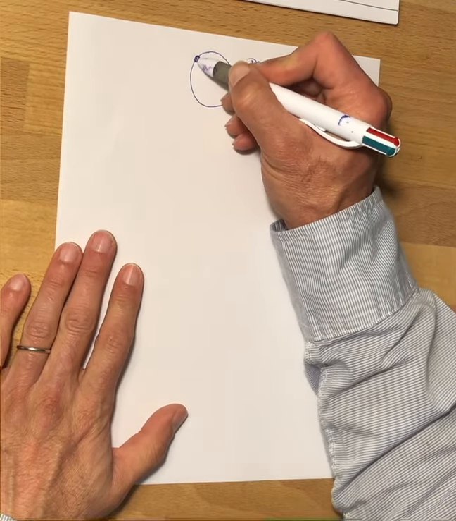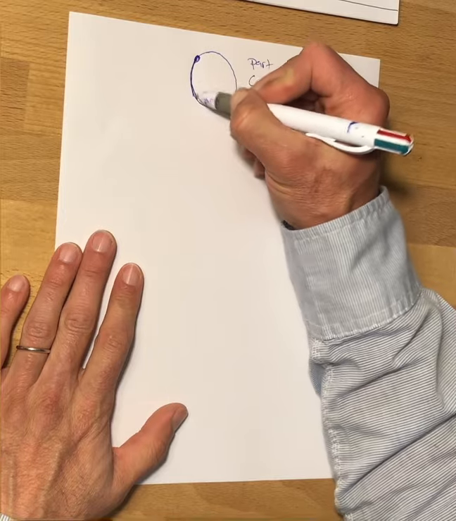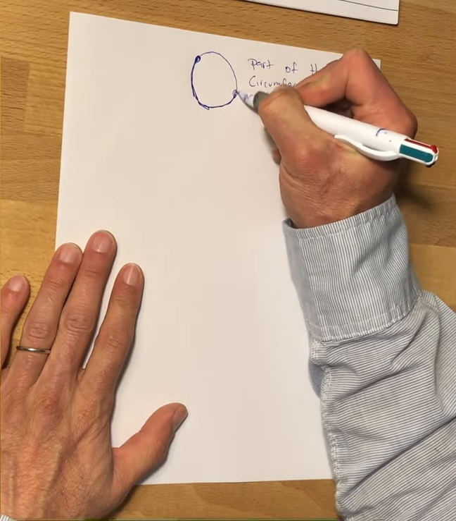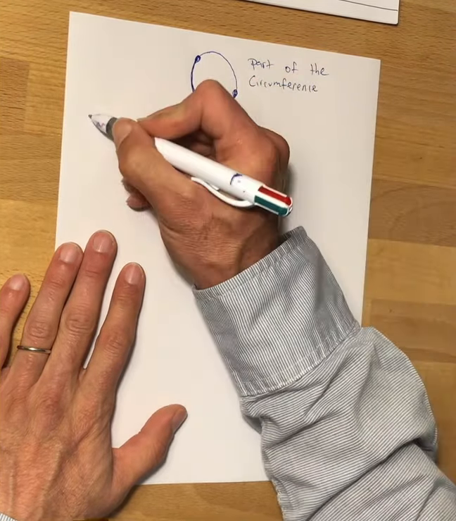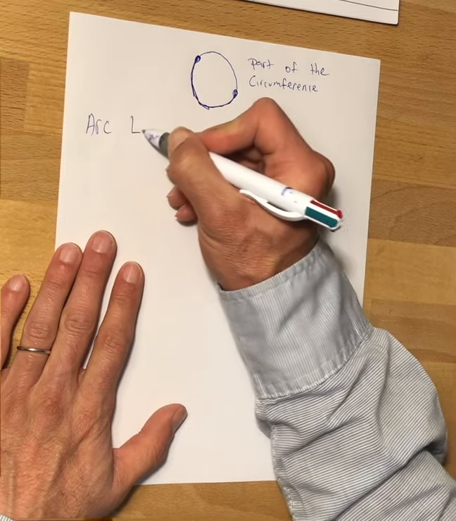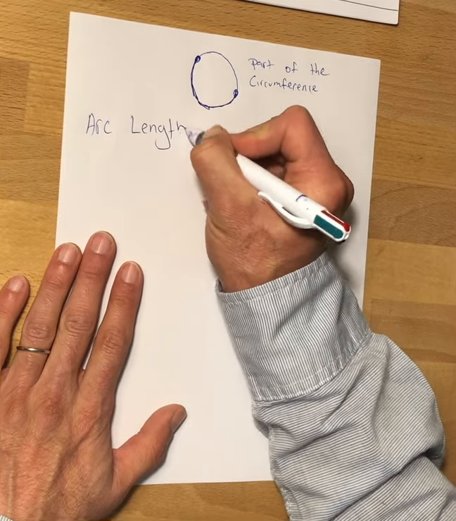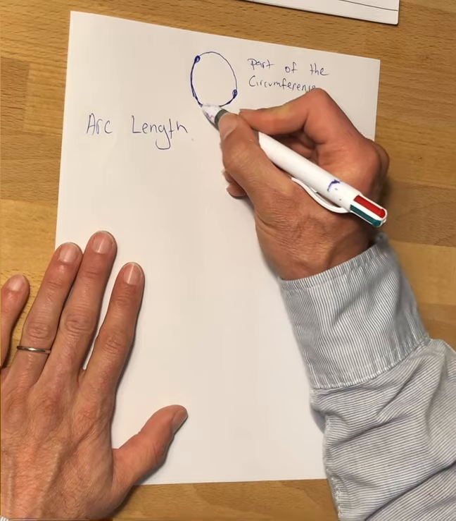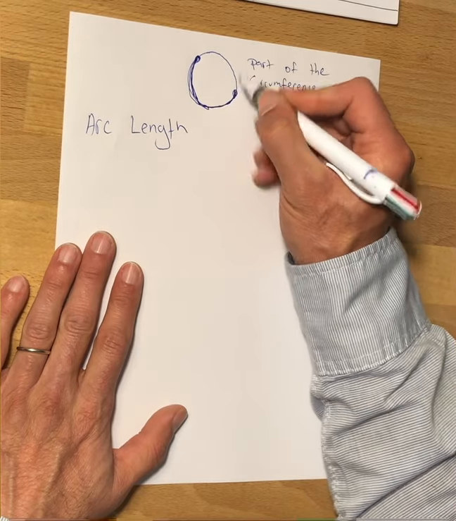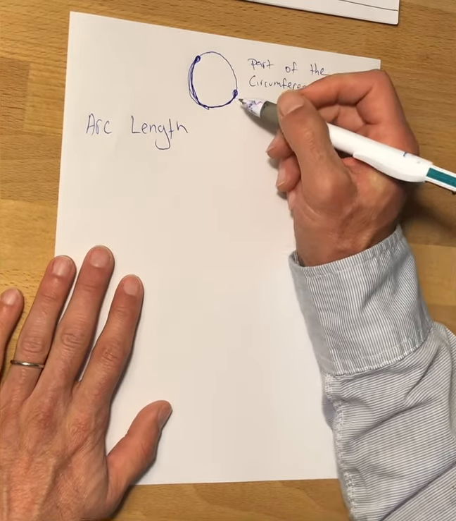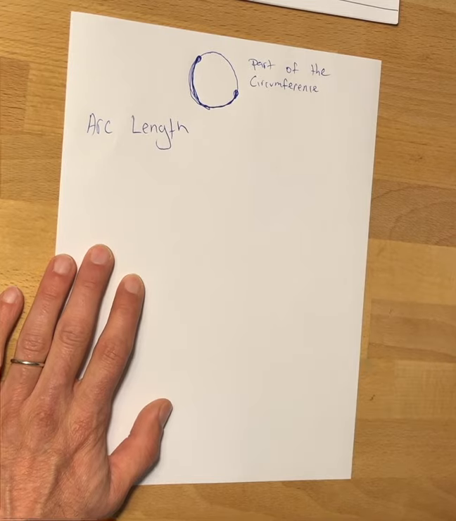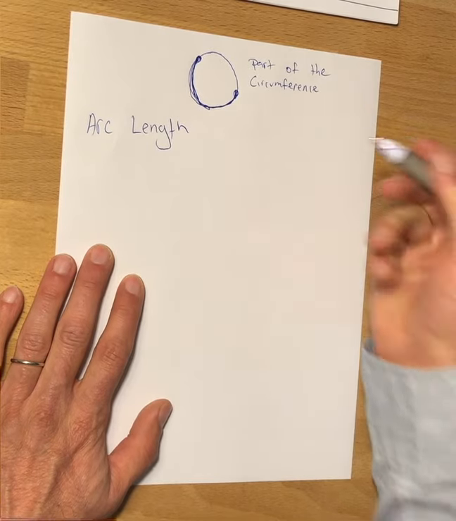Let's say from here to here. This is called arc length, for example. Arc length figures out how long it is on the outside of the circle from one point to another. And the way you do it is this.